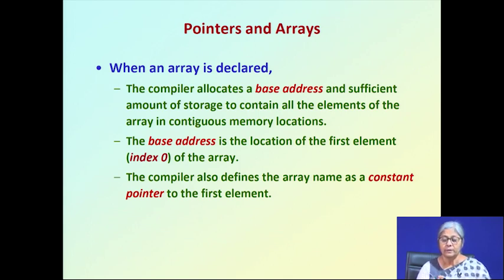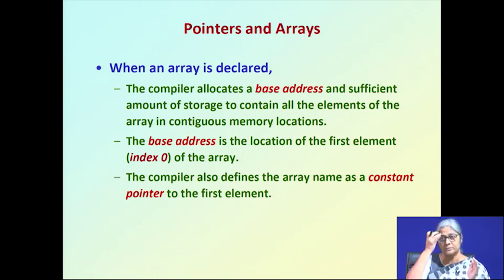When an array is declared, the compiler allocates a base address and a sufficient amount of storage to contain all the elements of the array in contiguous memory locations. This is very important: contiguous means successive memory locations. If it is an integer array, then each array element takes 4 bytes, 4 bytes, 4 bytes, like this.